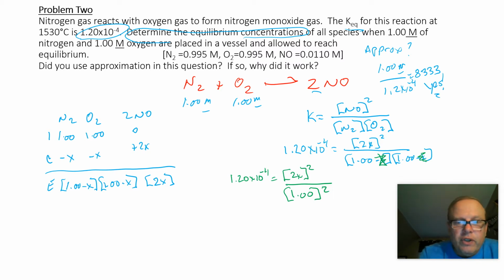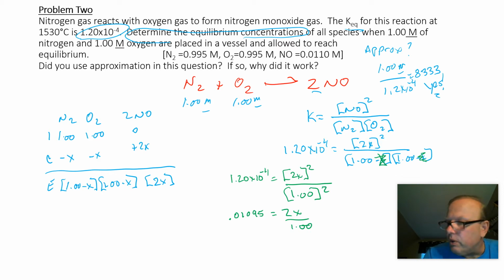Now, I can get rid of this squared, and this was where people, and I'm not going to name names, had problems. So now we're going to take the square root of everything, and when I do that, I have to take the square root of 1.2 times 10 to the negative 4 as well, and I get 0.01095. So what I have now here is 0.01095 is equal to 2x over 1.00.